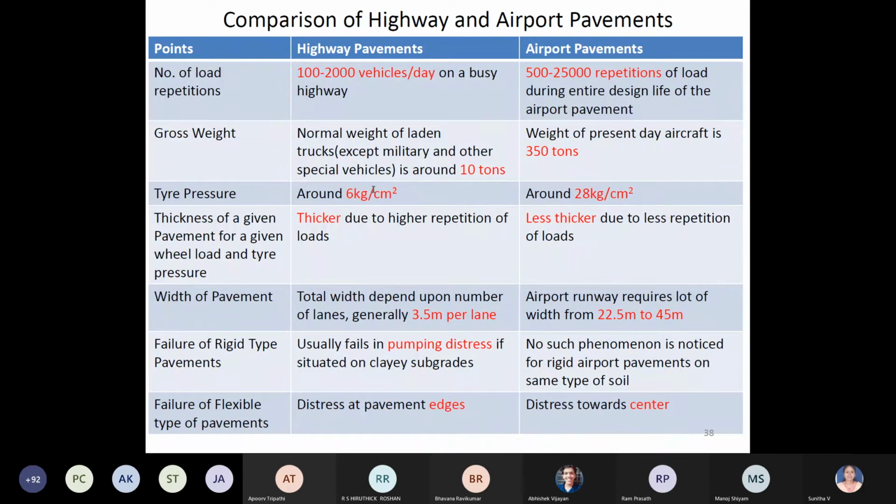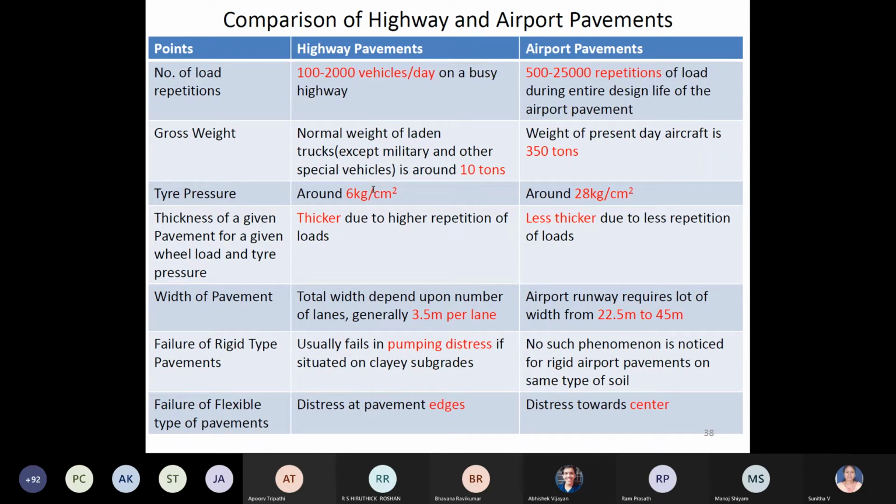The other is failure of flexible pavement. If you are providing flexible pavement, distress will be at the pavement edges. Cracks won't be on the edges exactly, but towards the edges.